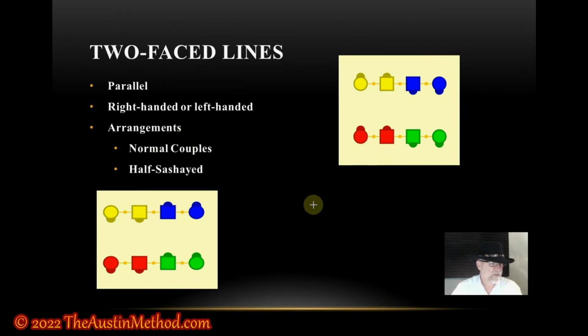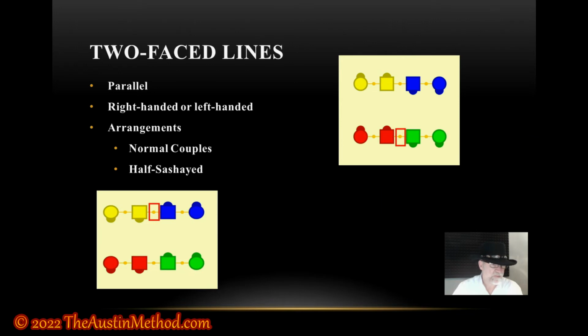Two-face lines have a handedness. So in this case, the center hands joined are the left hands, and in this case, the center hands joined are the right hands. So this is a left hand two-face line. This is a right hand two-face line.